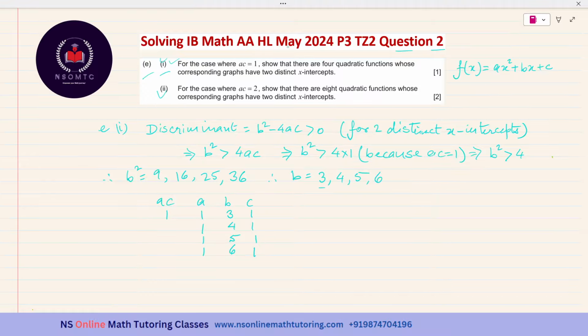Okay, 4 quadratic functions. So, because it is the first part of this type, let me write the 4 quadratic functions that we may have. It contains just a single mark, so you don't have to write all these things in detail, but I'm showing you how you get these.